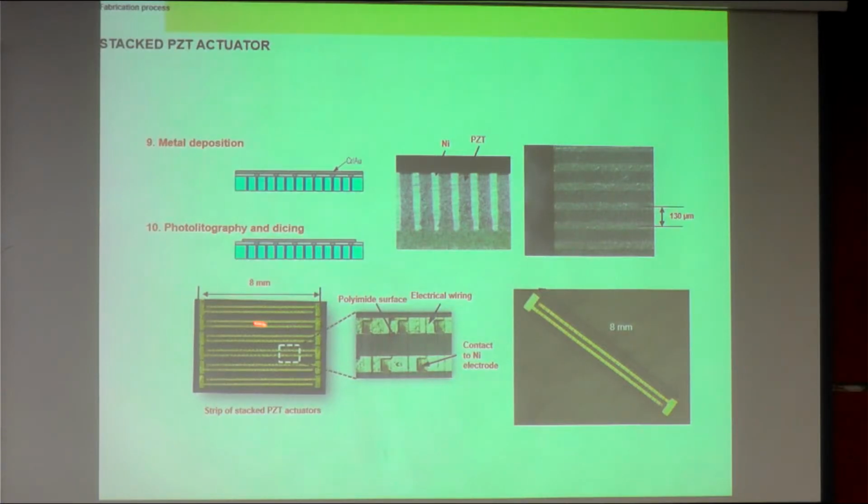Then we do photolithography and dicing. Photolithography is to have the opening. Because this metal deposition is on top of the whole substrate, we do photolithography to have this kind of interconnects. Because we have positive and negative interconnects, this is interdigitated. You can see that this opening is basically to have the electrical circuitry connected to the nickel electrode.